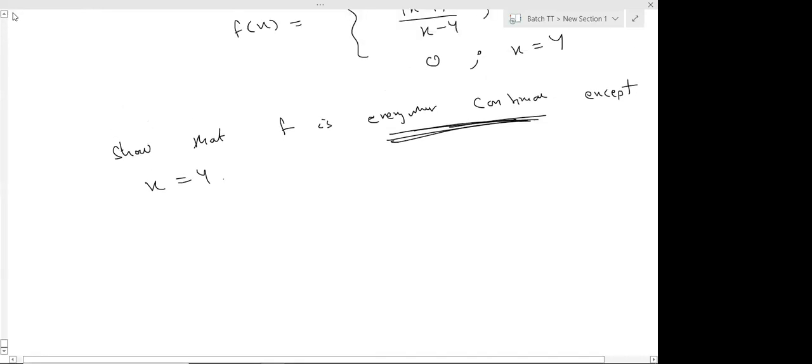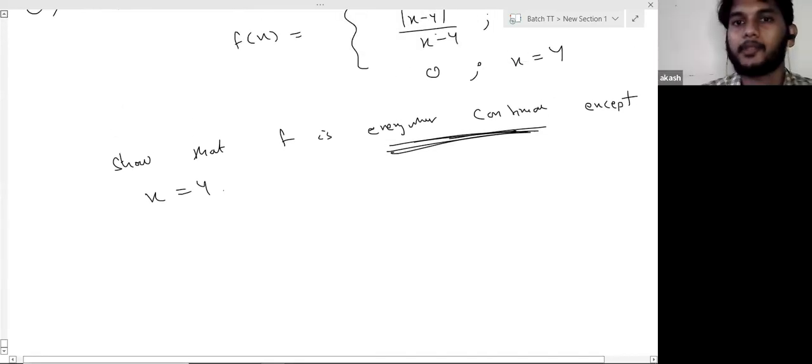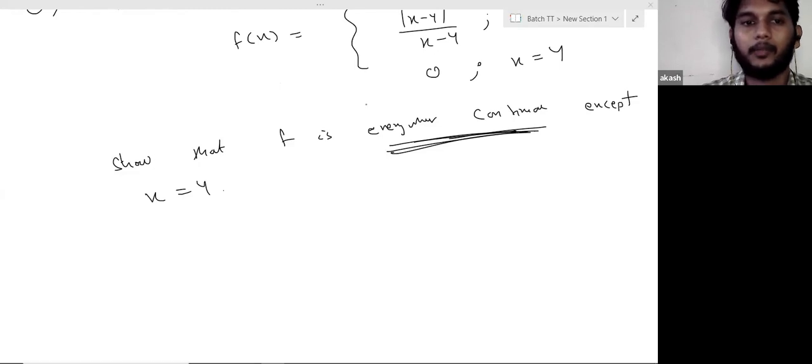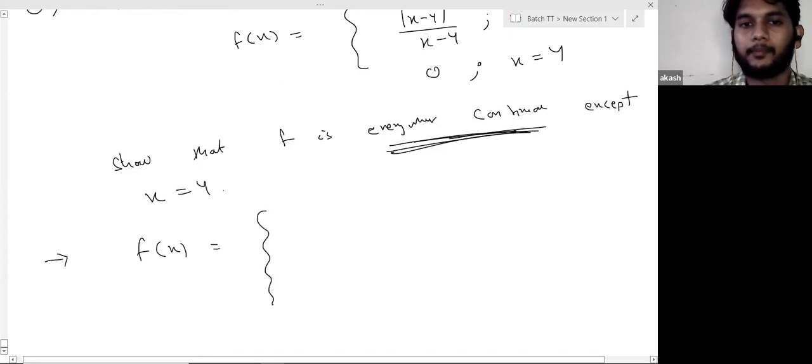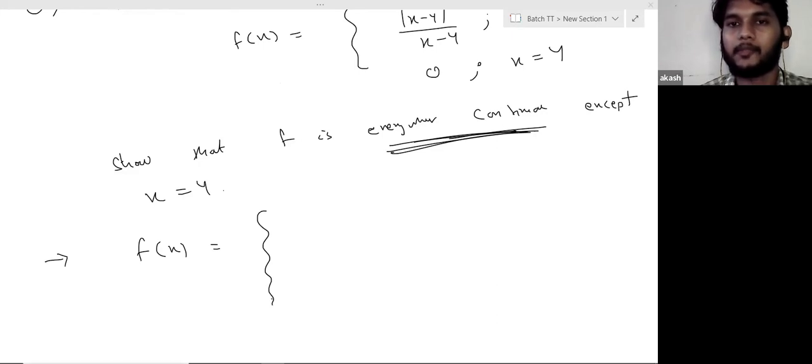Secondly, we can see the question contains a modulus function. And Aman, what do we do when we see a modulus function? Sahel, what do we do with the modulus function?